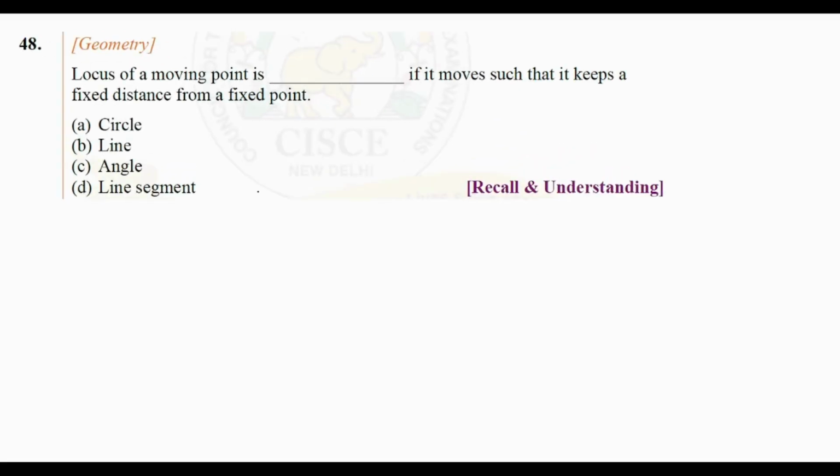Locus of a moving point is dash if it is moving such that it keeps a fixed distance from a fixed point. See children, if this is a fixed point, the moving point should move in such a way that it maintains equal distance from this point. So it should be the circle.